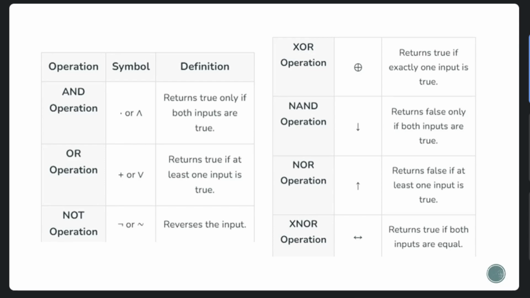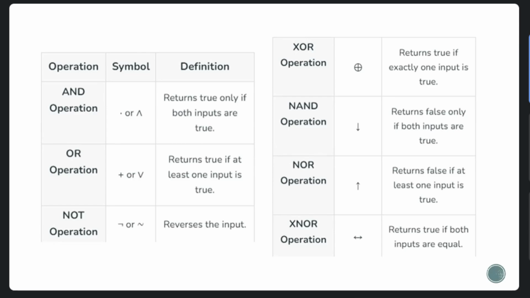As for the symbols, the AND operation returns true only if all inputs are true. The OR operation returns true if at least one input is true.